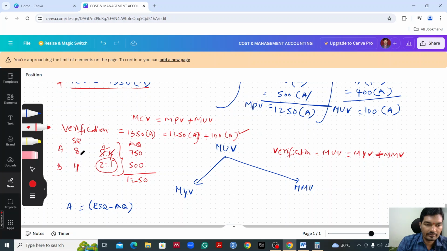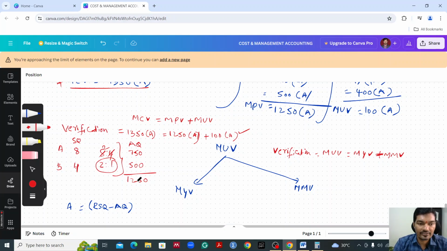And earlier this is a revised, we are required to find out the revised standard quantity. In order to find that, we need to apply this value. The standard quantity given in the sum is 8:4. The ratio is 2:1.